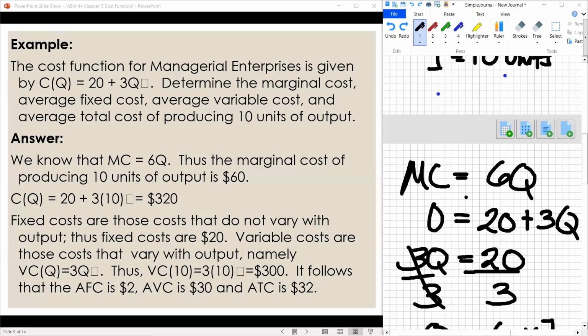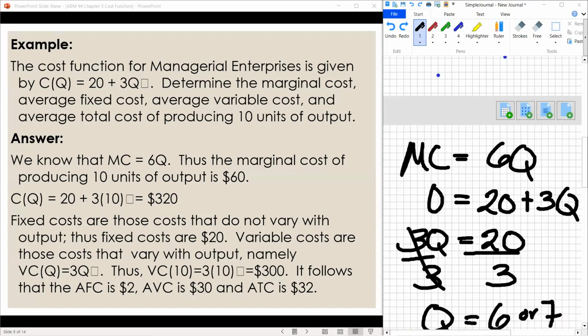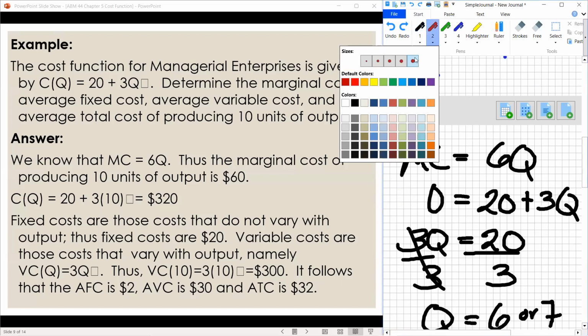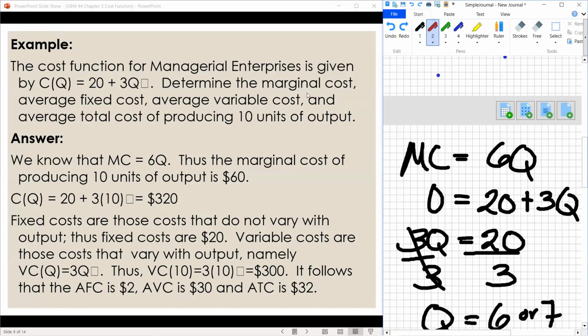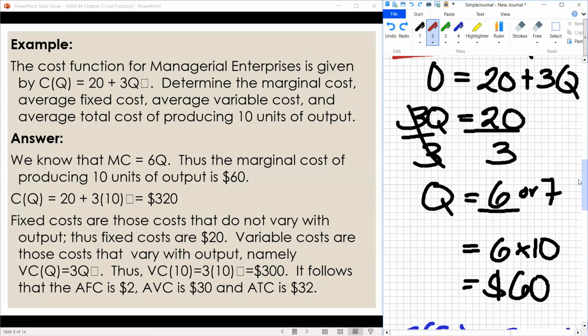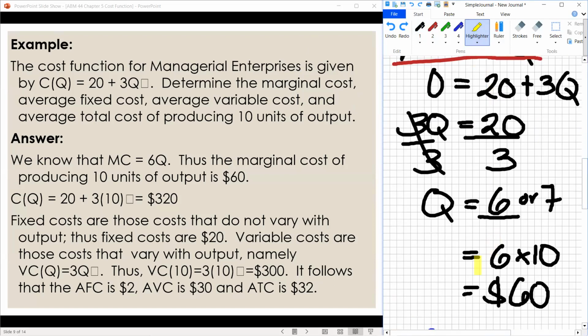Okay, so let's continue. So actually, the first one that we had answered is the first to determine, that is MC. So we have marginal cost. So the answer would be at 60. So marginal cost would be at 60. So I hope it is clear with you. We have MC here.